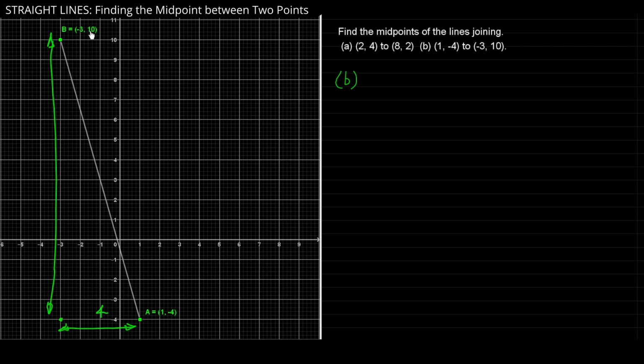And vertically, we're going down from 10 to -4. Well, it's a lot to count, so it's actually easier to calculate. So the drop from 10 to 0 is 10, and then we're dropping a further 4. So this distance is 14. So in x terms, we've got 1 subtract -3, and that gives you a value of 4.